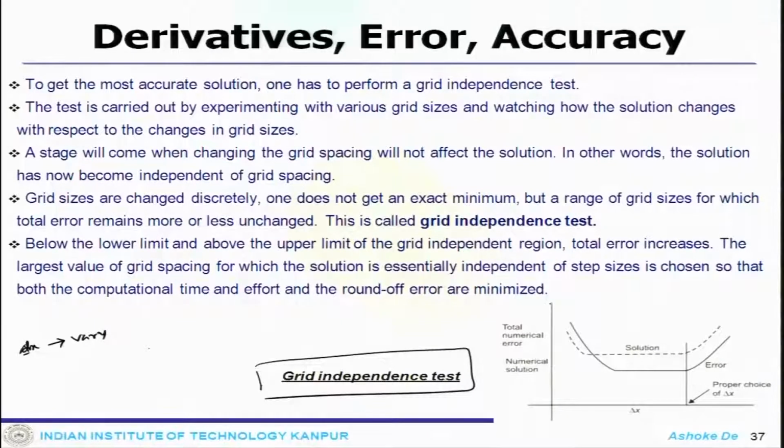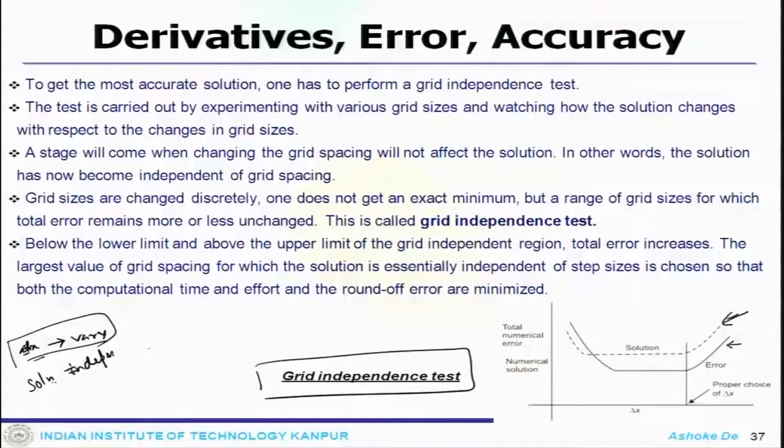So, this is the numerical error and the solution. This line corresponds to the error, this line corresponds to the solution, and this is the choice of delta x that one requires. So, one needs to have the solution at multiple grids and see if the solutions are not changing with the grid.